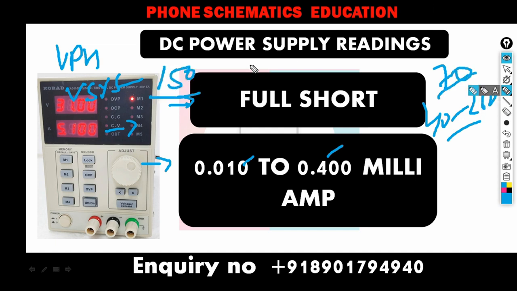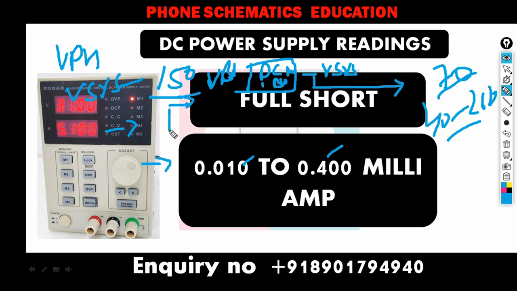But when you go to the VPH, there is a full short, because in between VBAT and PA system there is a DC to DC IC, also with a MOSFET on it. So sometimes if there is a major short on the V system line or VPH line, it completely does not pass on to the VBAT. You will see a little short here, but when you go to the V system line, VPH line, there is a full short. I hope you get my point.